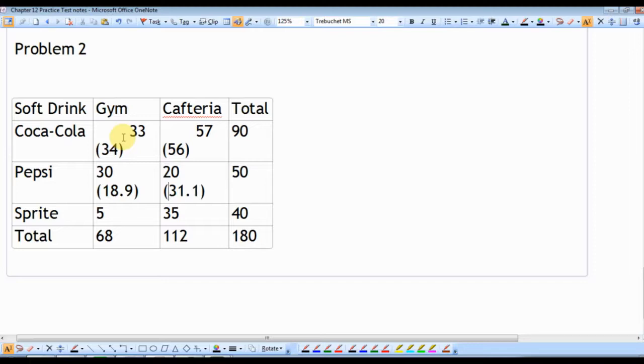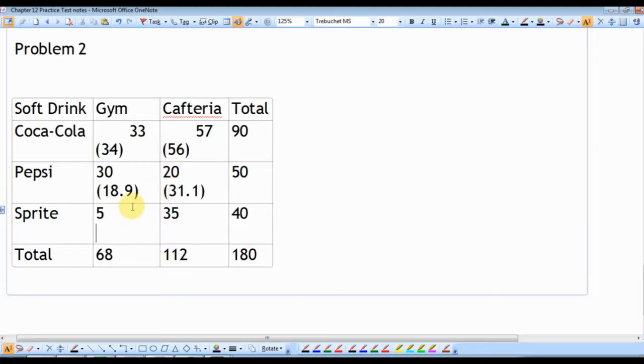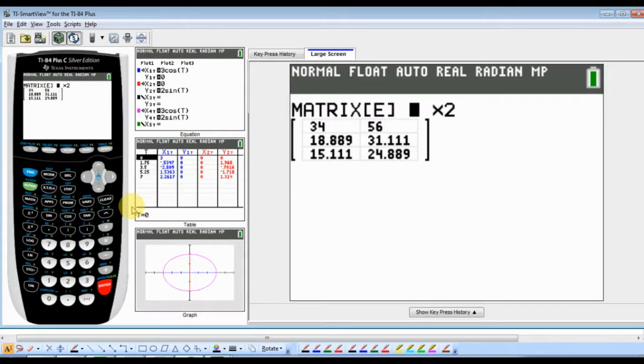Okay, that's a little further away from our expected values. This is 11 away. This is also 11 away. Sprite, I think this is where we're going to see the big difference: 15.1 and 24.9.